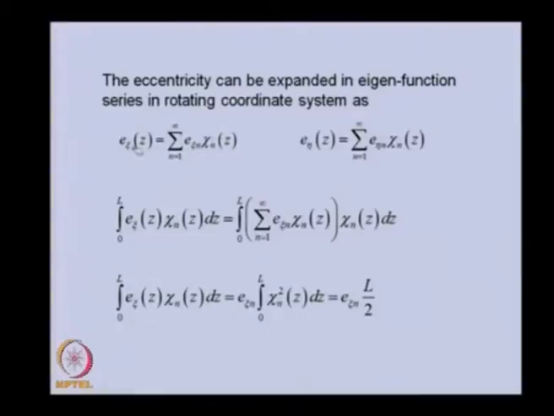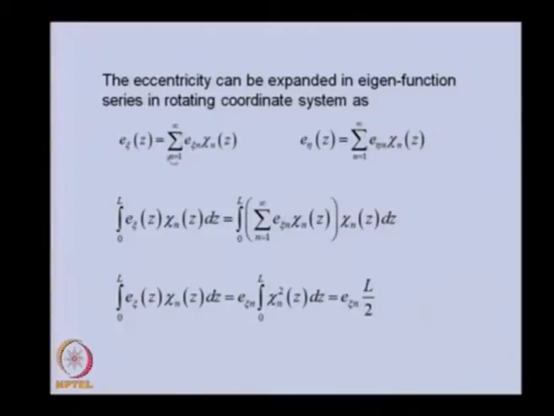This is the xi plane eccentricity variation, as we have shown in the previous slide. This is the eta plane, and in both planes we have expressed this eccentricity variation in terms of the eigenfunctions multiplied by some constant.